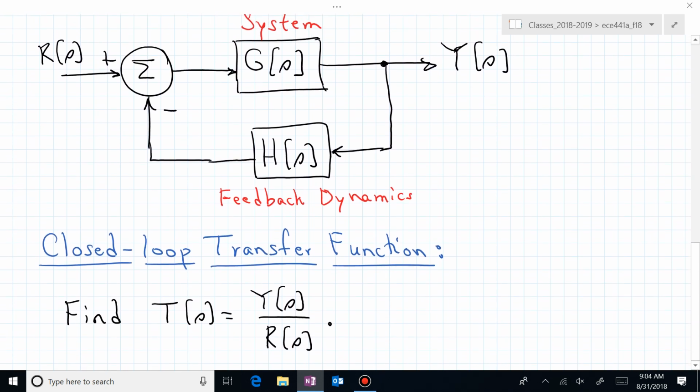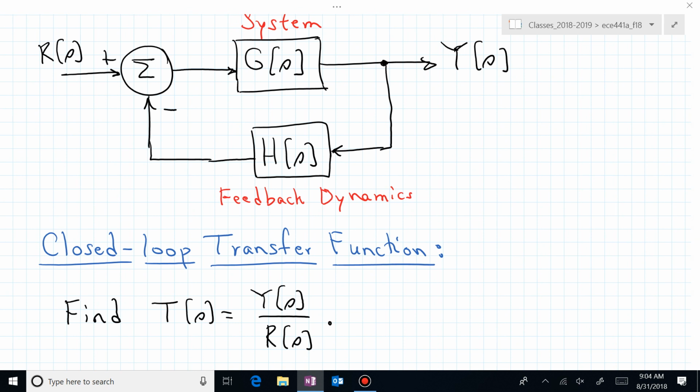Assume that it's a single output and a single input. R is a scalar signal. Y is a scalar signal. I want you to find the ratio Y over R from that block diagram. Take a couple of minutes. It shouldn't be too long to make that happen.